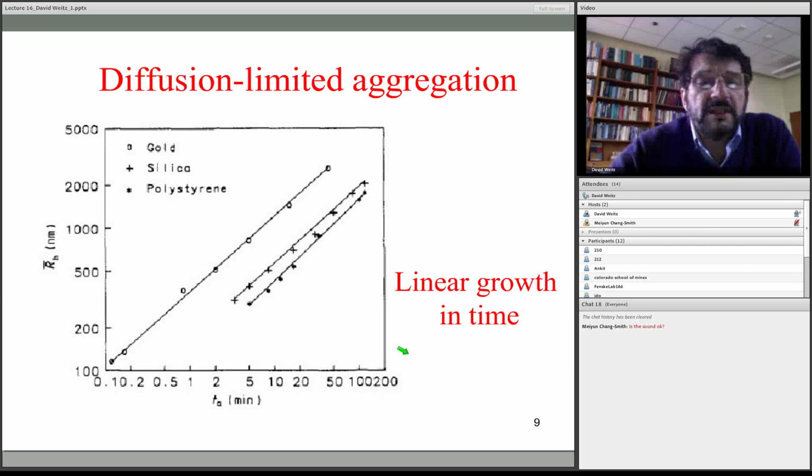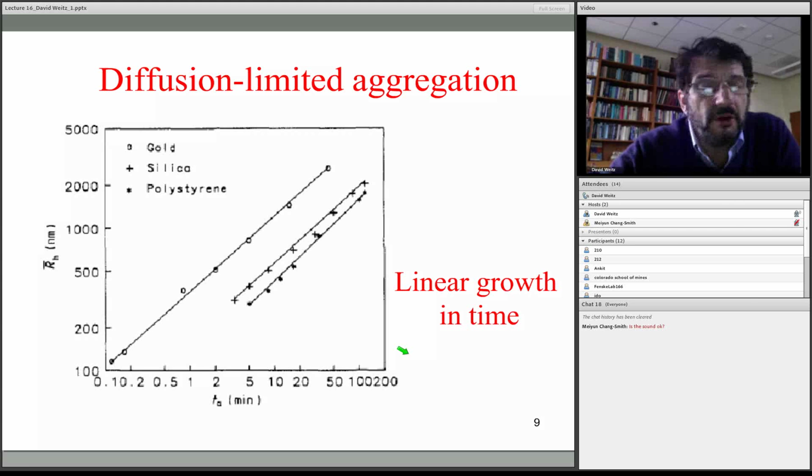If you look at the value of the average or the cutoff cluster and plot its behavior as a function of time, you see experimentally that for diffusion-limited aggregation, this is shown for a variety of different colloidal systems, it doesn't depend on the system. You always get this linear growth in time. Sorry, this is a log-log plot, but it doesn't matter.